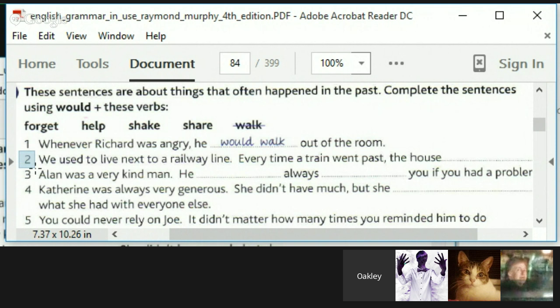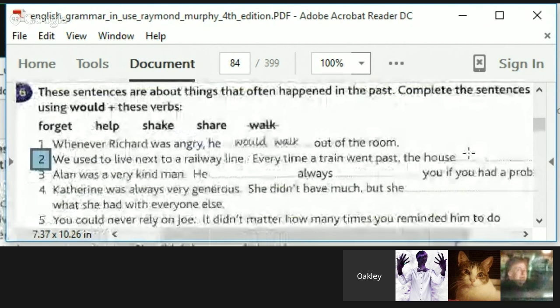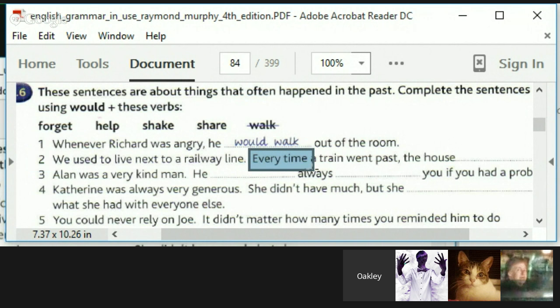All right, Ken, number 2. We used to live next to a railway line. Every time a train went past, the house shook. Well, that's very direct, and you are using the words every time.